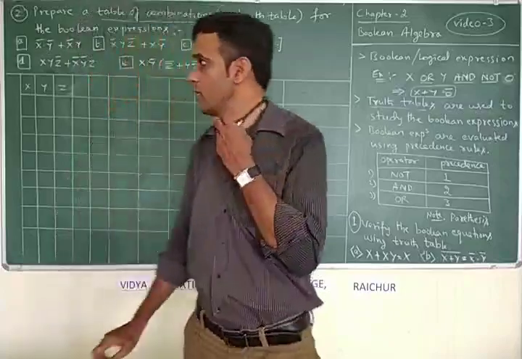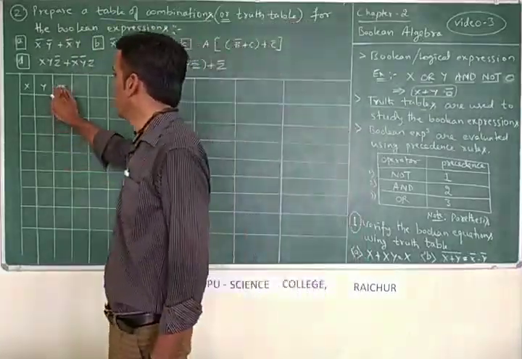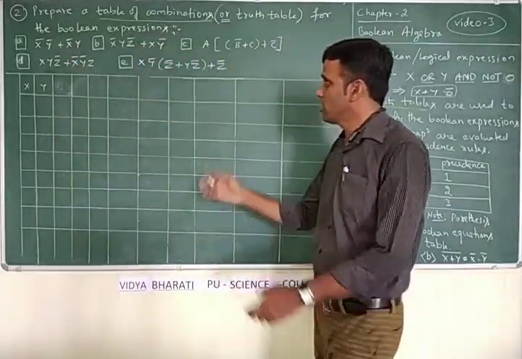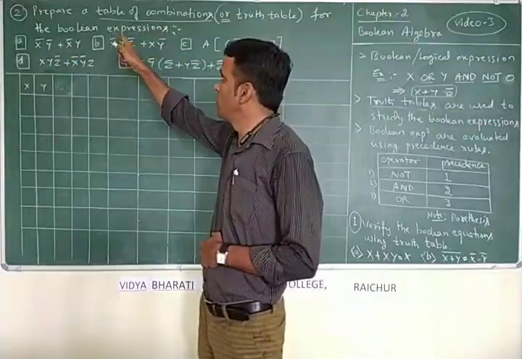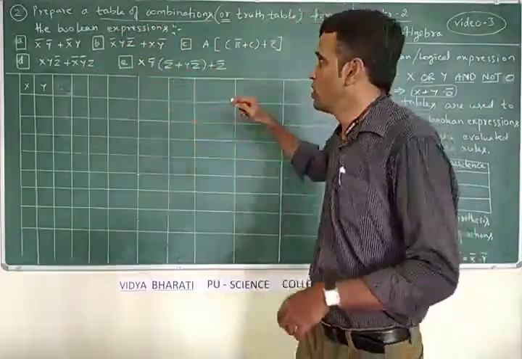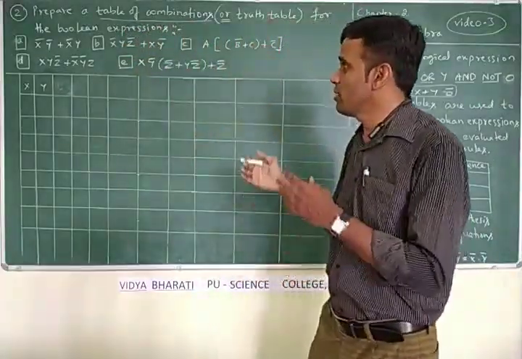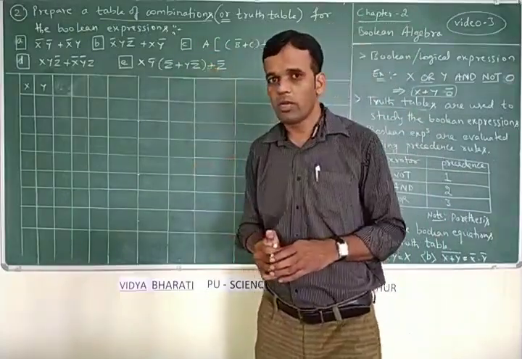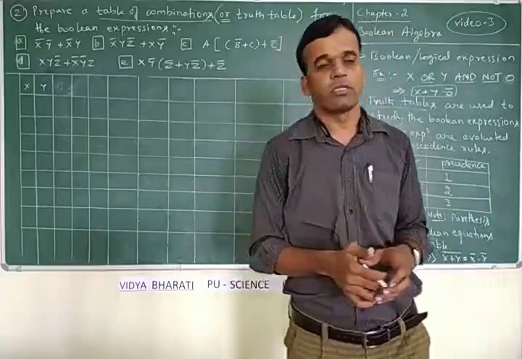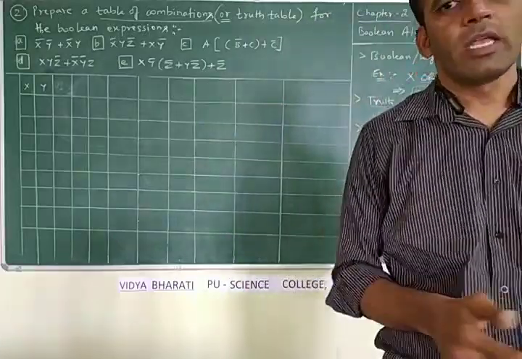Here we have 2 different variables, so it's about preparing a table of combinations, which is nothing but a truth table. The question may be something like prepare a truth table for the given expression, or prepare a table of combinations for the given boolean expressions.